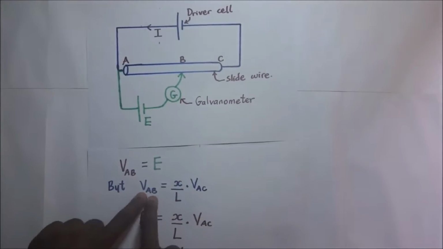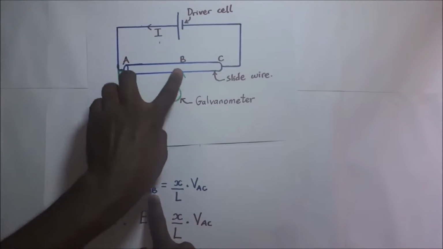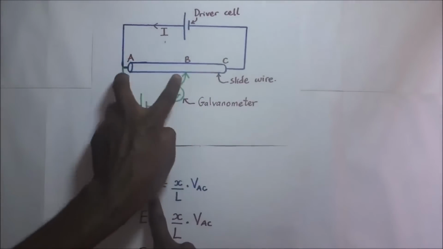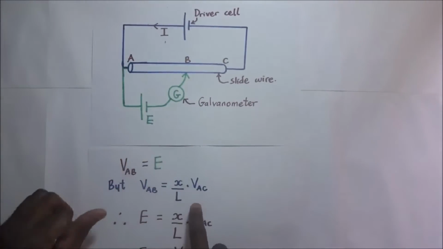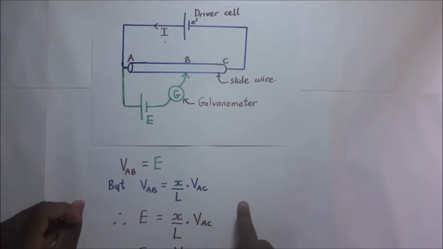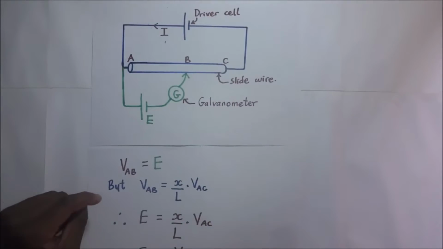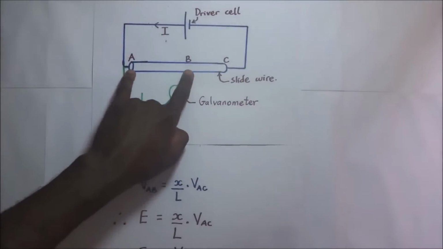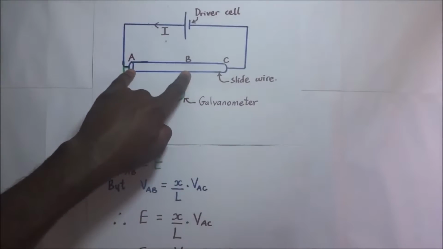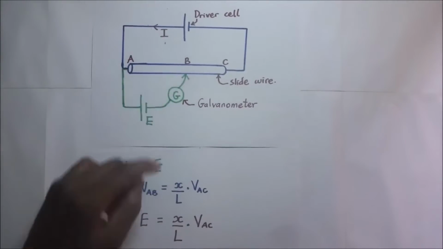But we know that the potential difference across AB, which is a portion of this whole wire, from the principle of the potential divider, is directly proportional to the length of that wire.